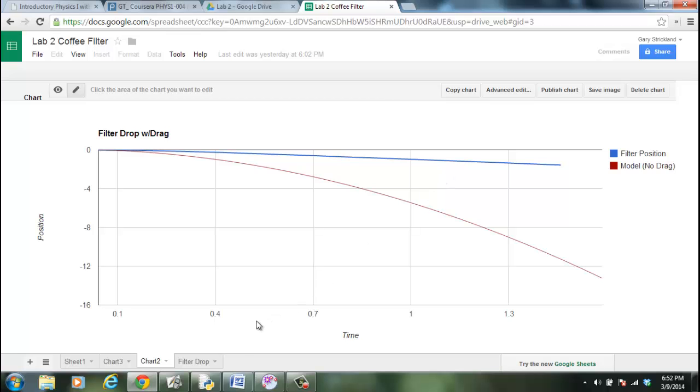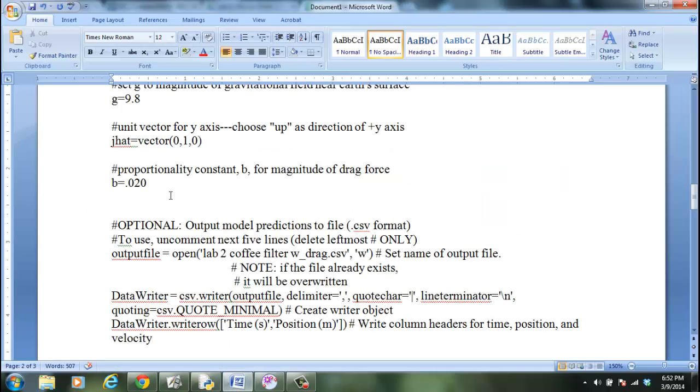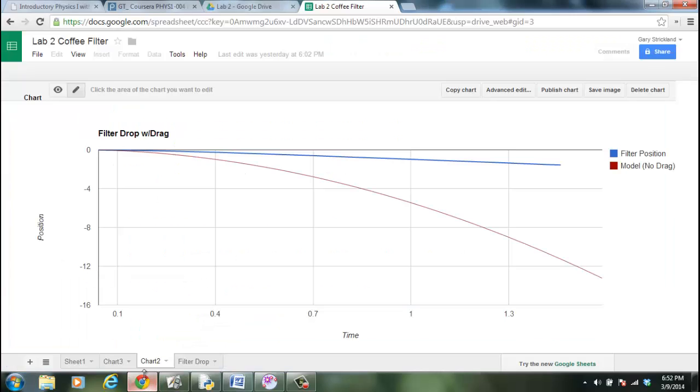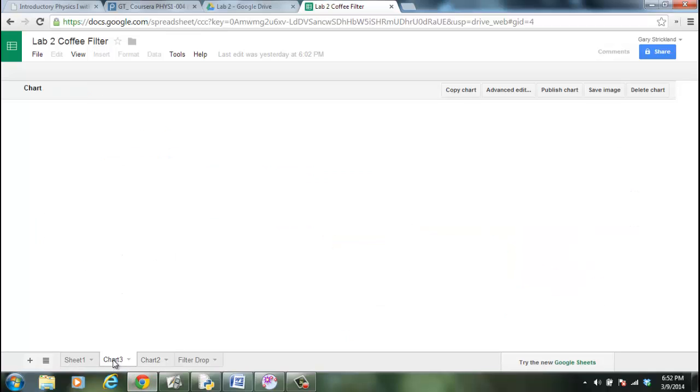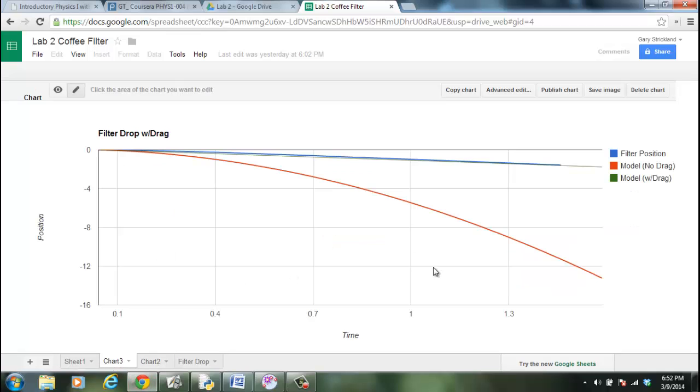So when I went back and added drag force in there, which I did by just playing with this number, I played with the proportionality constant until we reached a point where it matched the data. Putting that into the Google document and graphing again, we can see that when I added the drag, the model prediction and the actual collected data from Tracker agree very closely.